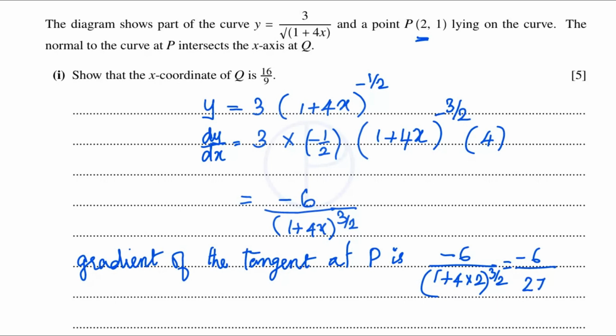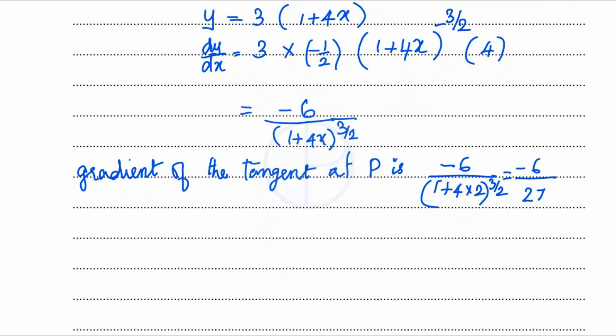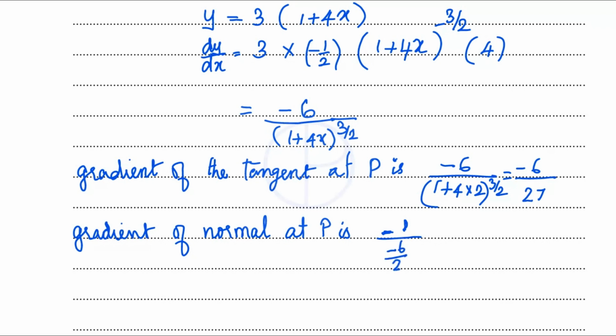Okay. So this is the gradient of the tangent at P. And we know the gradient of the normal is negative 1 over the gradient of the tangent. So this is nothing but 27 divided by 6.